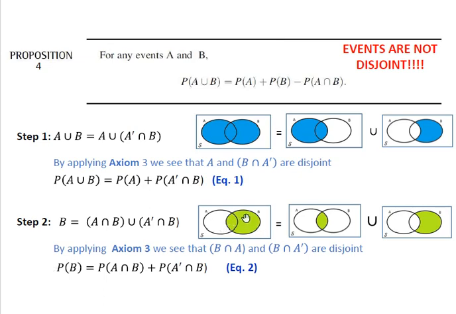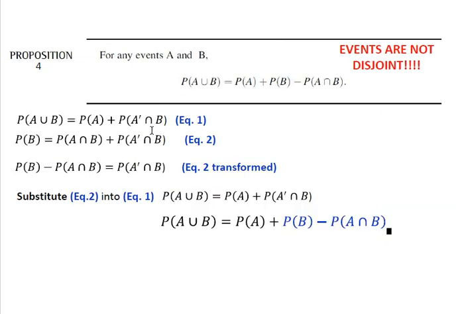So the probability of B is the probability of the intersection of A and B plus the probability of B minus A, or the probability of A prime intersection B. From this equation 2, we can write the probability of A prime intersection B is the probability of B minus the probability of A intersection B. By substituting this result in equation 1, we can prove proposition 4, as you can see in this page.